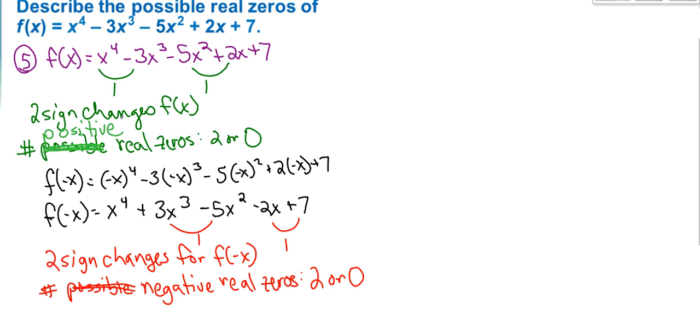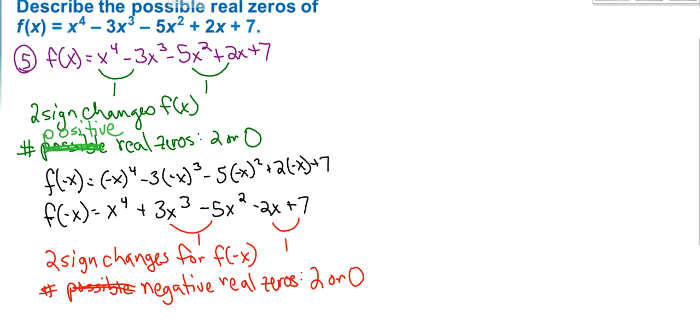And so then when we're doing synthetic division, sometimes maybe there's no sign changes in one or the other, and then there might be no negative or no positives, so we don't even have to try any. And maybe there's one, and so if there's going to be like one negative, I would start trying negative numbers. If there's like one positive, I would try finding positive ones as we go.